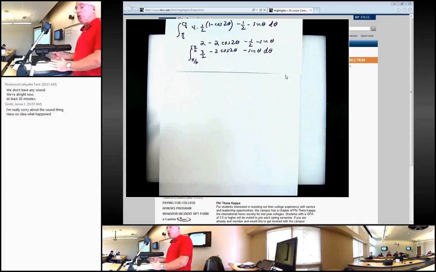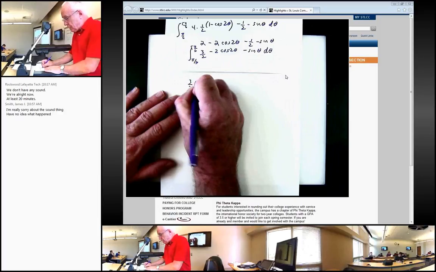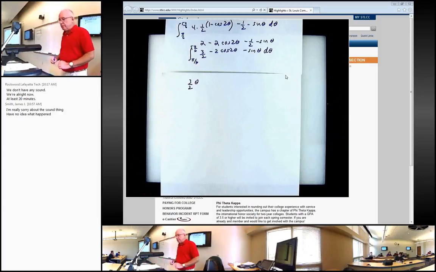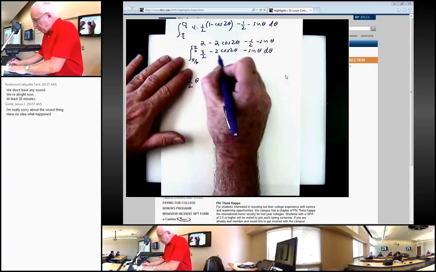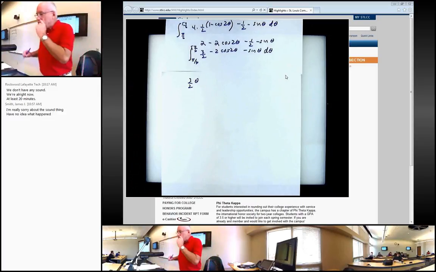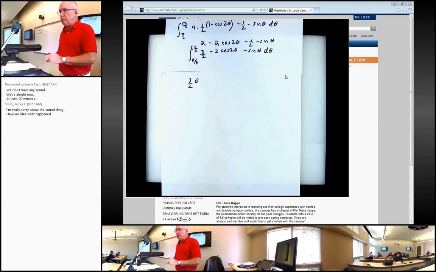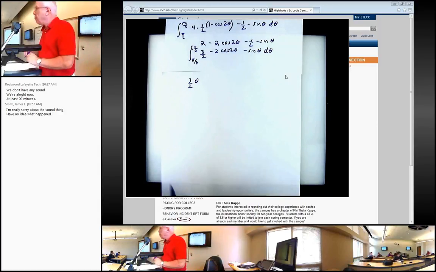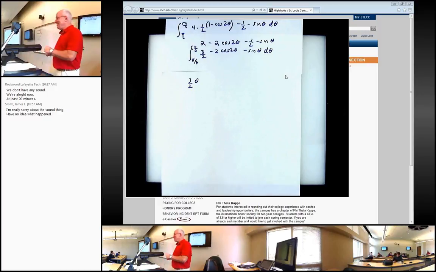So 3 over 2 is going to give us 3 over 2 times pi for the antiderivative. Times theta, thank you. What's minus 2 cosine of 2 theta? What's its antiderivative going to be? Yeah, be careful with that.